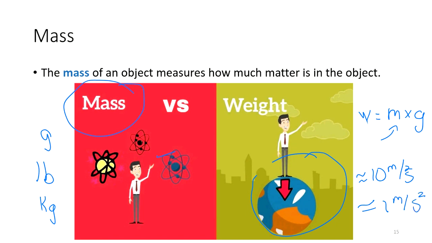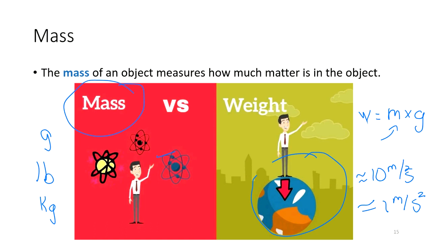So your weight is going to be 10 times lower on the moon. I'm about to move to the moon, because my weight is lower there. And if you have no gravity, you have no weight, even if you have a mass.